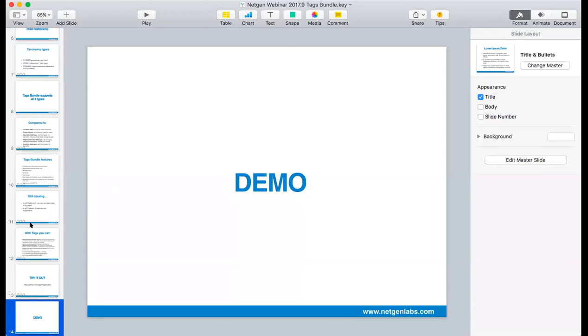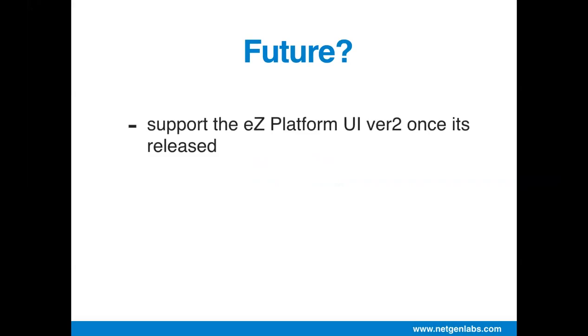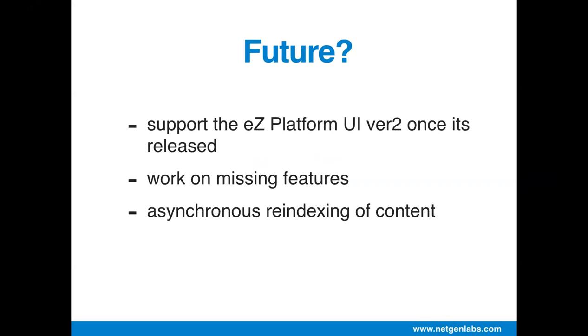Okay. So that was the demo. The future, we will support Ibexa Platform version 2 once it's released. So we are in a waiting mode for that. And we'll work on the missing features, of course, then. And we also recognize an issue for a while now, that if you do some changes in the tag, like merging or deleting or converting or whatever, we need to do the reindexing of content, but we cannot do it synchronously because it might involve a lot of objects.